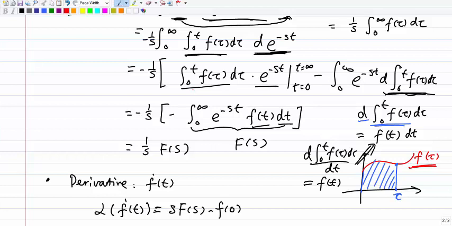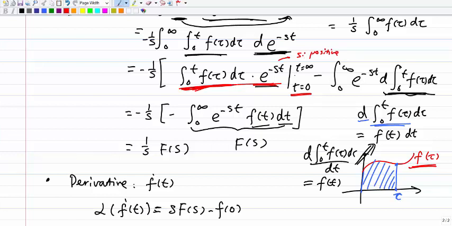For this one, when you evaluate at t is 0, you integrate from 0 to 0, so this guy becomes 0. It doesn't matter what this value is, it's still 0. When t goes to infinity, now this guy is going to be a little bit complicated. Remember s is positive, from my previous lecture, if you don't remember that.